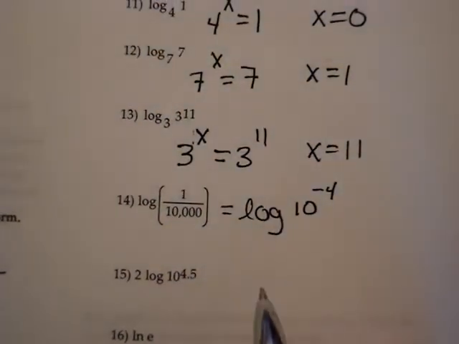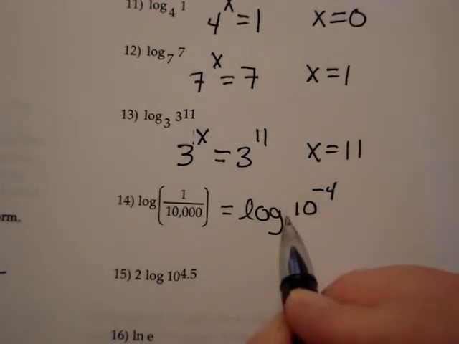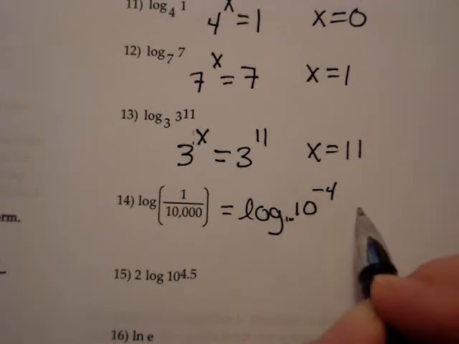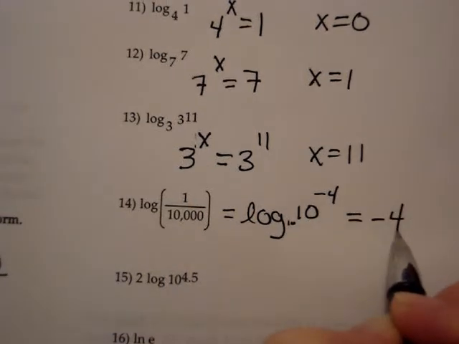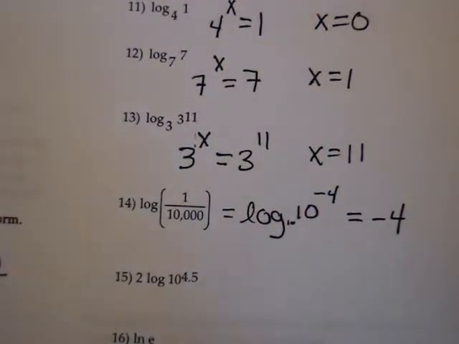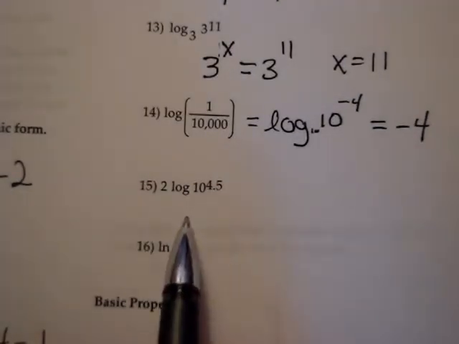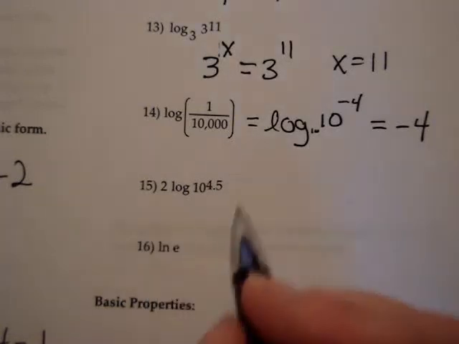Okay. And now using those properties, this is log base 10 of something with a base of 10. They will undo each other and leave me with negative 4. Okay. Number 15, they just threw that 2 in front to spice things up. So let's ignore the 2 for a moment.